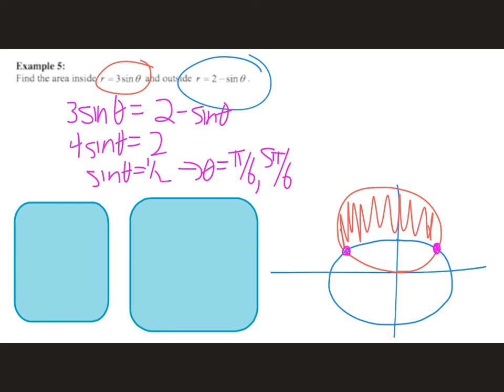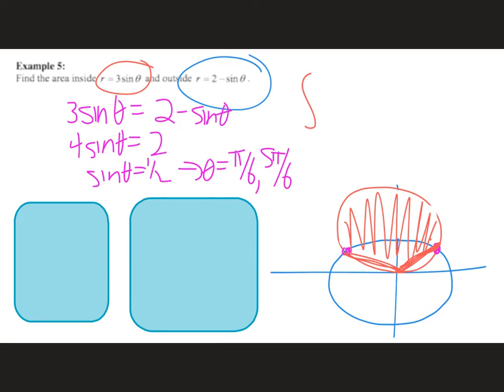So here's what I want to do. Let's draw a picture here. Let me get rid of this so that I can better draw this. If I were to integrate just the first sine part from pi over 6 to 5 pi over 6, I would get all of this area.